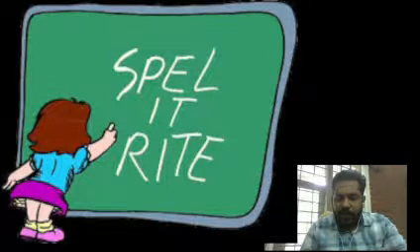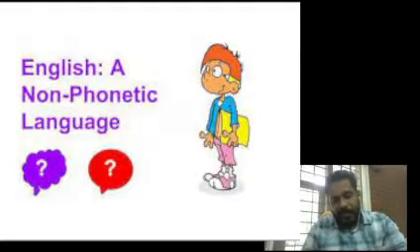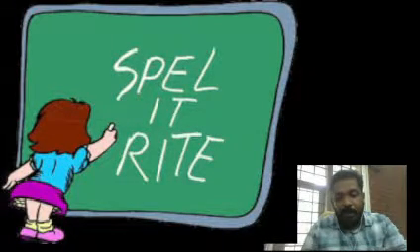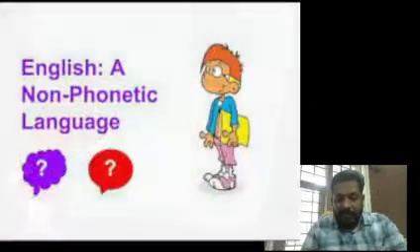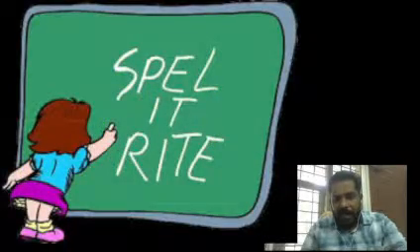In the word sit, S-I-T, the letter used is S and the sound is S. But in music, M-U-S-I-C, the letter used is S, but the sound is the voiced sound Z. That means in sit and music, the same letter S represents the voiceless sound S and the voiced sound Z.